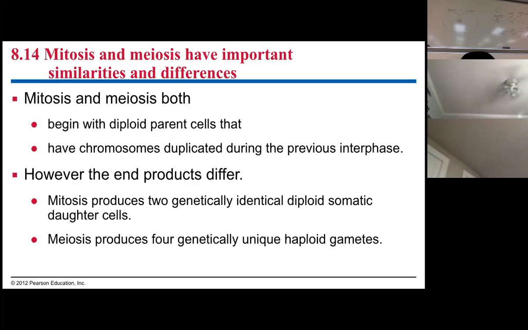No, because one of them came from your mom and one of them came from your dad, and they are different people, right? Okay, so a diploid parent cell has a full set of homologous chromosomes. You have 2 homologous chromosomes, okay? They both duplicate these chromosomes.